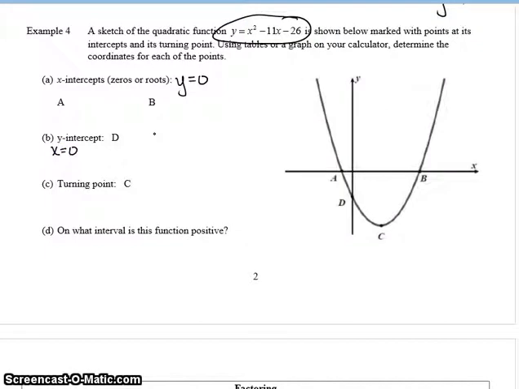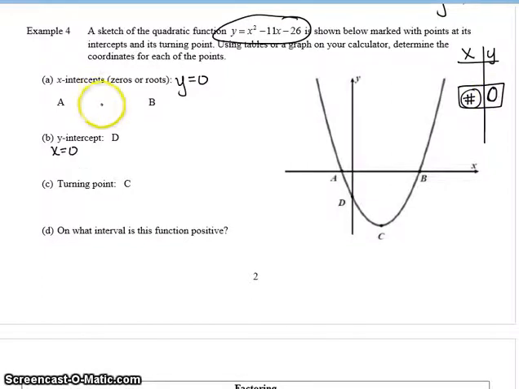So once you insert your table by pressing Control-T on your graph page, for the x-intercepts, look at the chart. Here's your x, here's your y, and you want to see when y is 0. Where y is 0, look over and see what that number is, and that's going to tell you what your x-intercept is.